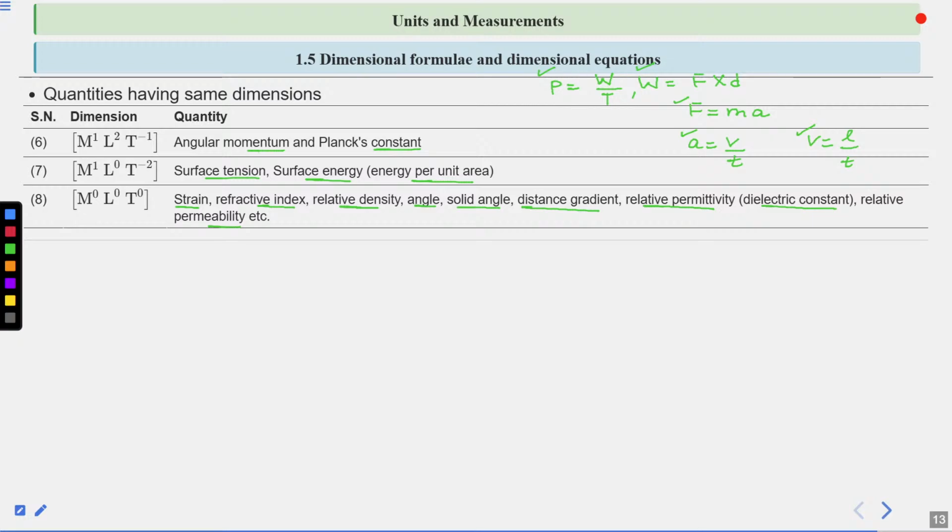After that, we will solve NCERT exercise and exemplar questions.